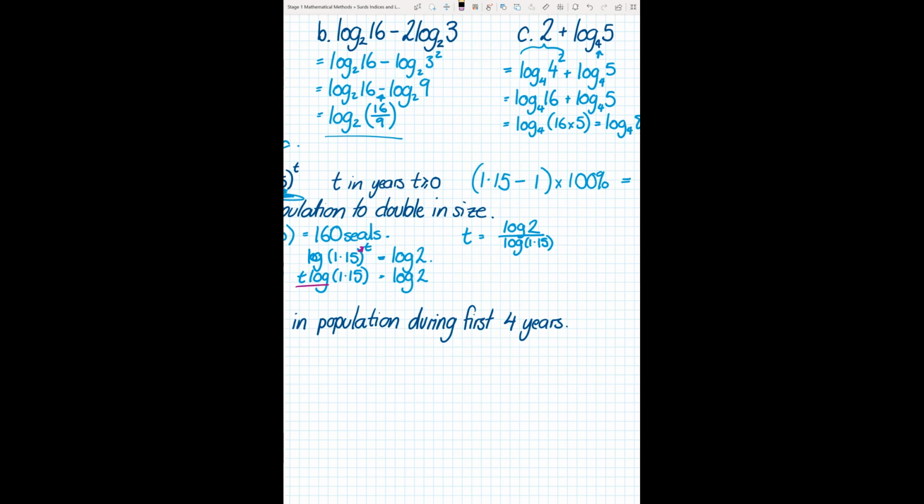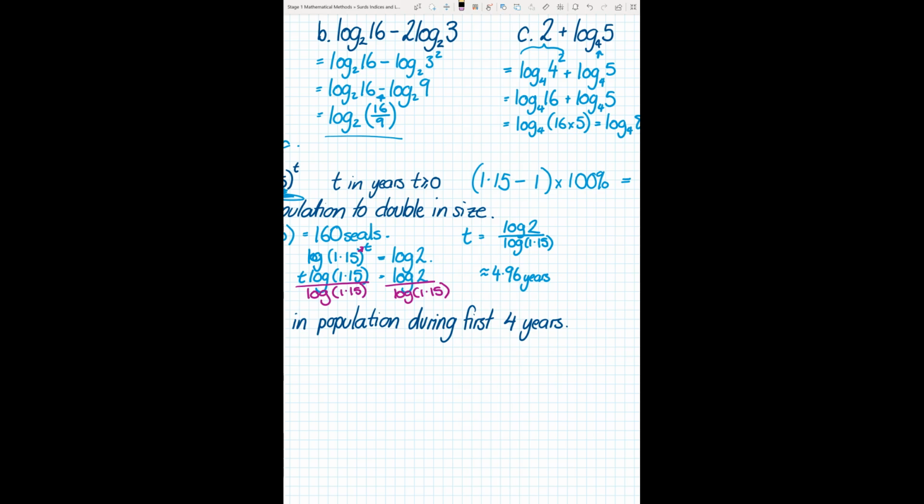And just to make it very obvious, we'll write in here that we've divided both sides by the log of 1.15. So now, using our calculator, we can punch in log of 2 divided by brackets log of 1.15, and we will get an answer close to 4.96 years.